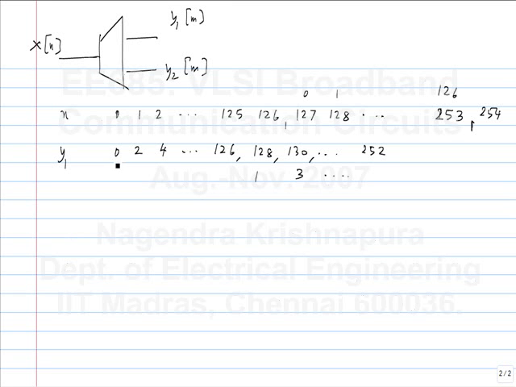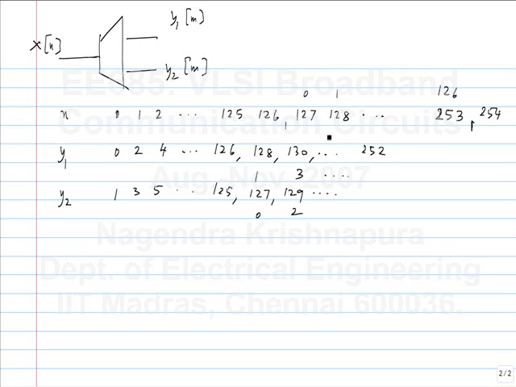So basically the numbers I am writing here are the index of X that comes to Y. And if you look at Y2, it starts as 1, 3, 5, you get 125 and then you should get 127, 129 and so on. And 127 is the same as 0, 129 is the same as 2. Okay.